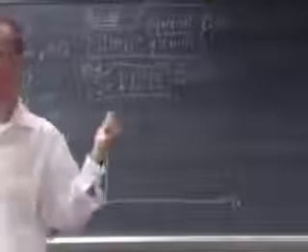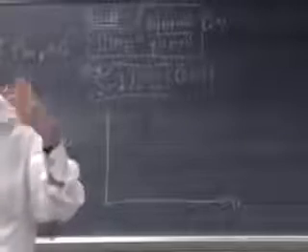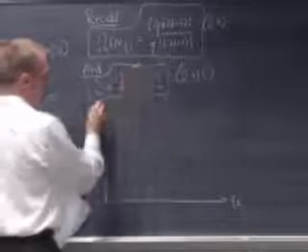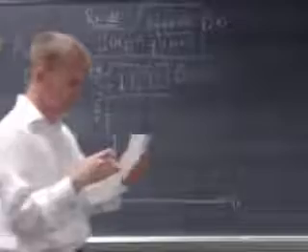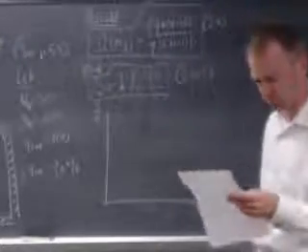So why do that rather than just plotting S? Six of one, half a dozen of the other. But this makes it unitless, and the numbers are slightly simpler to work with. So I'm going to plot S over k. Okay, so I'm plotting the log of the multiplicity.